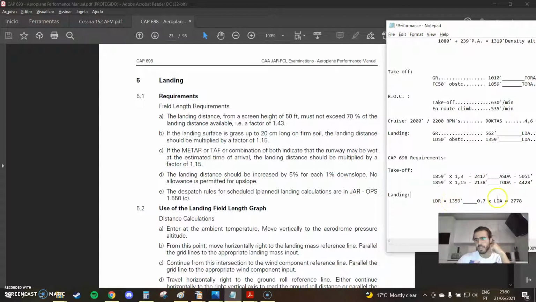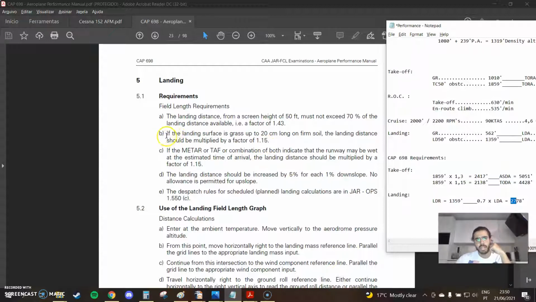This is the landing distance available times 0.7, which is 70%, which gives you 2,778 feet. Landing distance required shall not exceed this value, which is 70% of landing distance available. So this has to be lower than this, so we're also good for it.